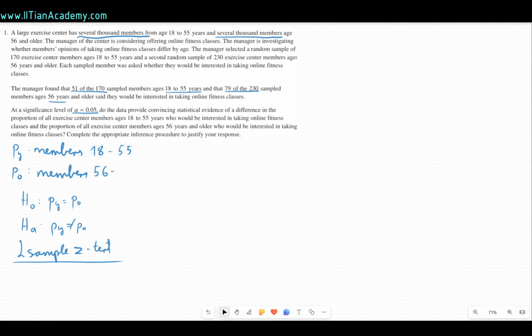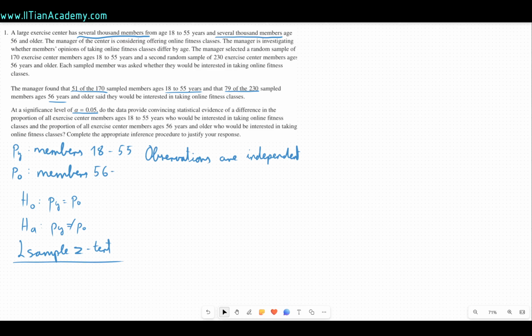What we can say is that the observations are independent, because we were sampling from, as we saw at the start, several thousand members. So that's going to be fine here.